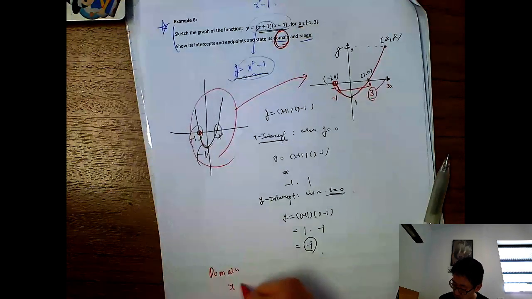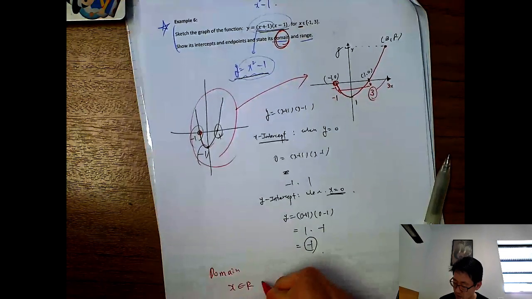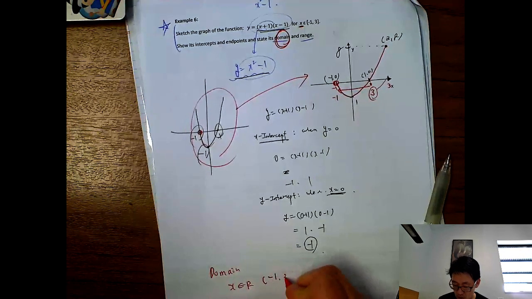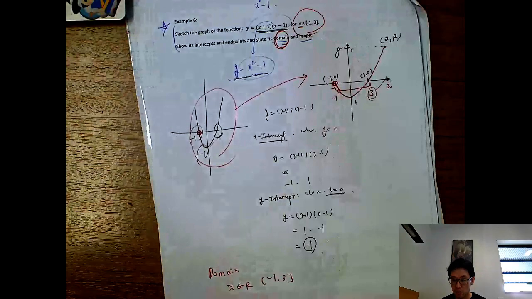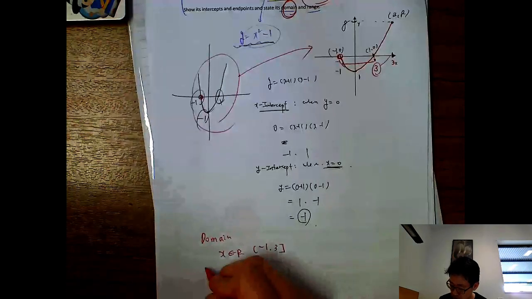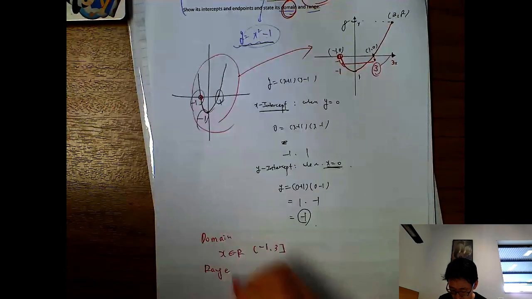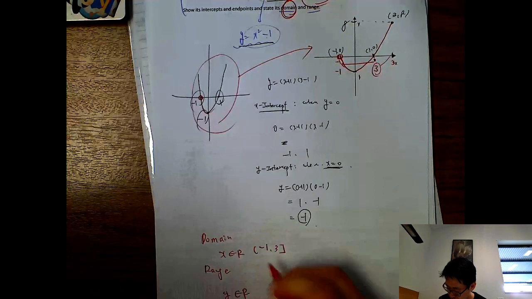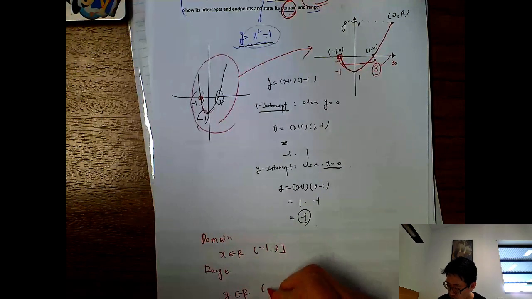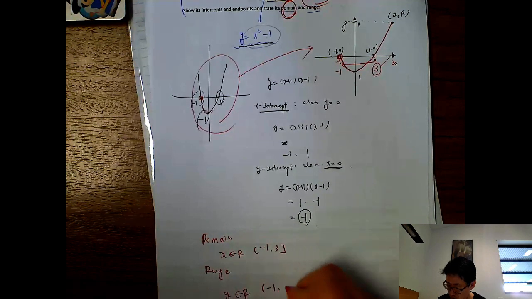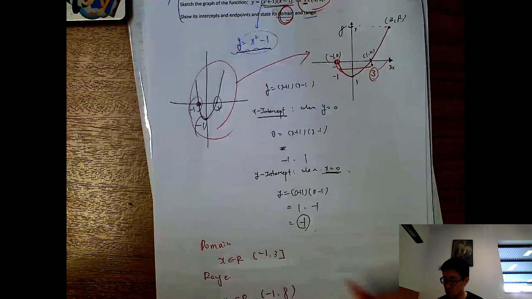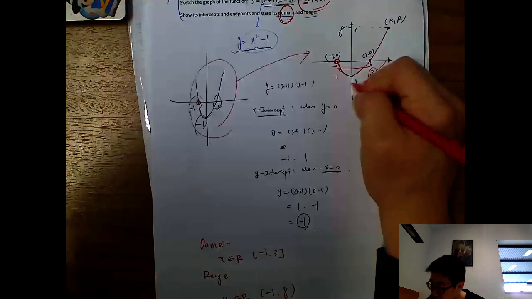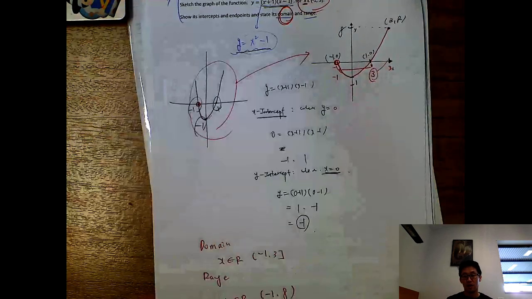So domain: x is a real number between minus 1 and 3, which is already there. Based on that, what I get is the range: y is a real number between -1 and 8. Yes, correct, it was -1.